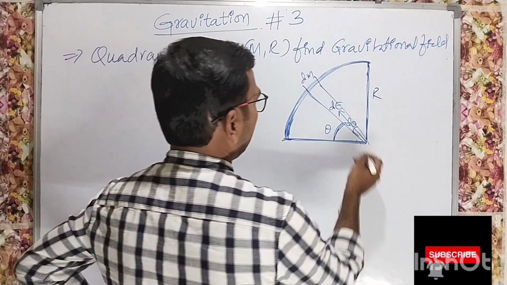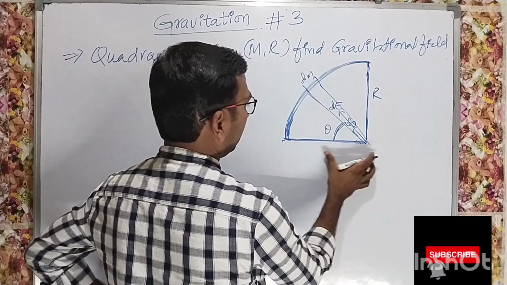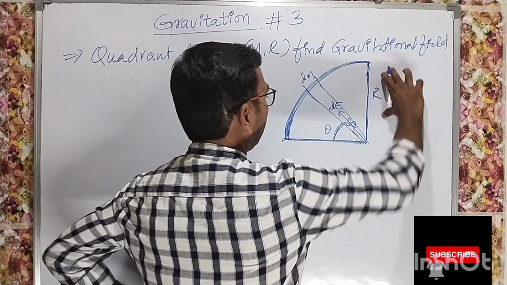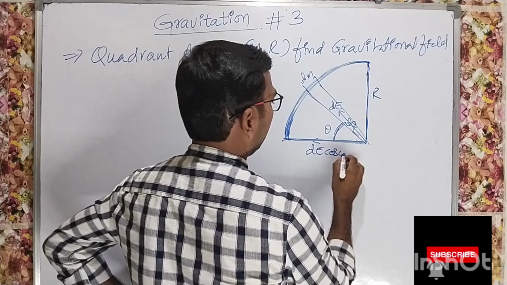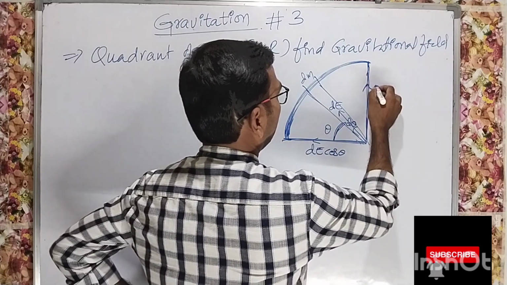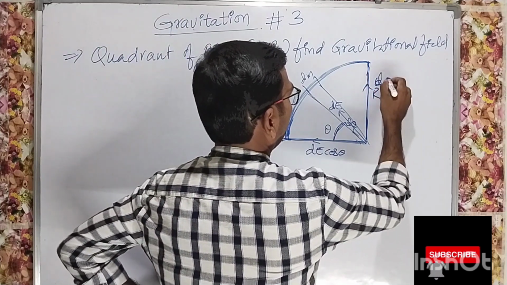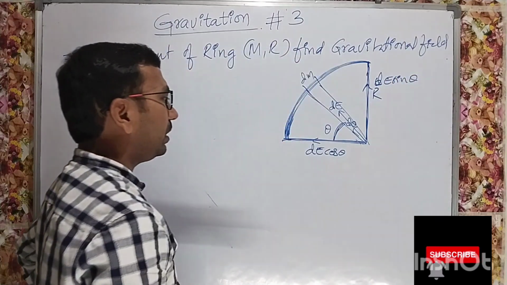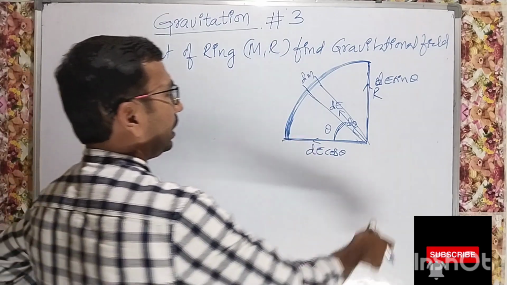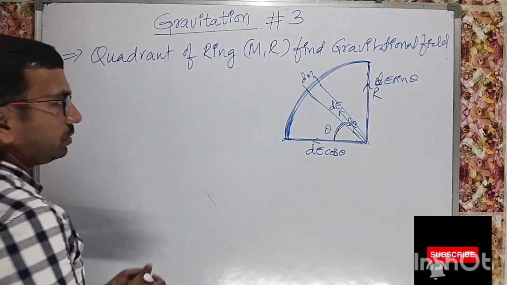This dE resolves into two components, along the horizontal and along the vertical. Along the horizontal is dE cos theta and along the vertical is dE sin theta. So you can find these two.